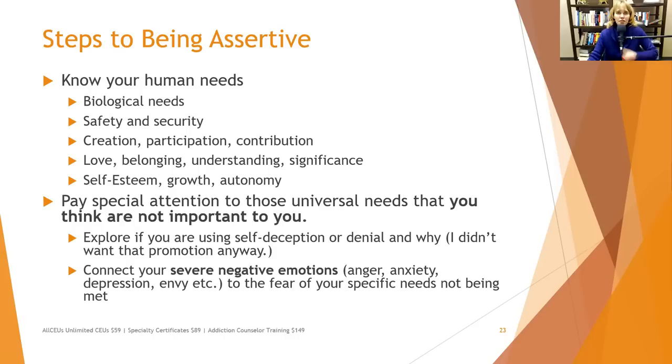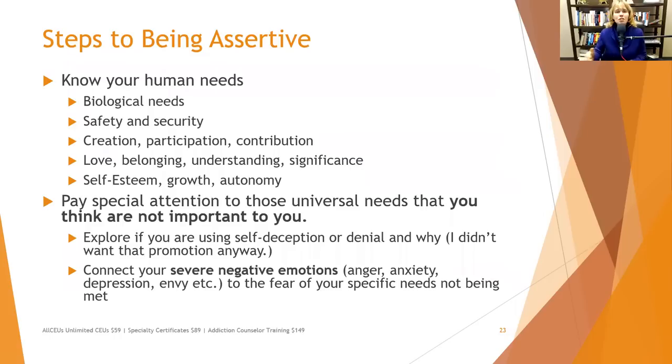Think Maslow's hierarchy: biological needs, safety and security, creation, participation, and contribution. So there's a lot there, but it all kind of is similar. We need to be able to make things and participate in the making of things and feel like we're contributing to the world. We need a sense of love, belonging, understanding, and significance in the world, and self-esteem, growth, and autonomy.